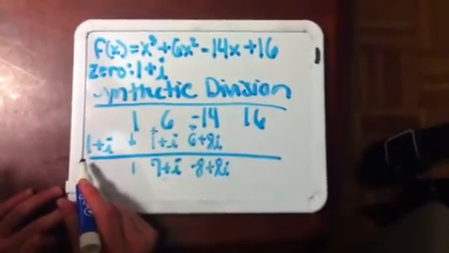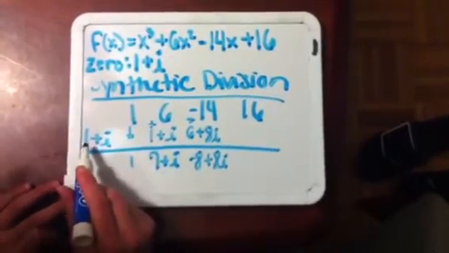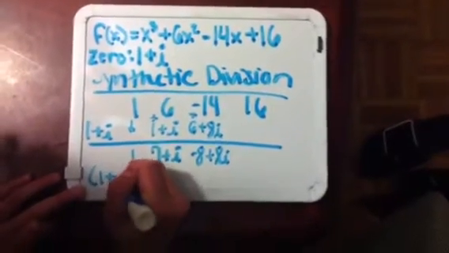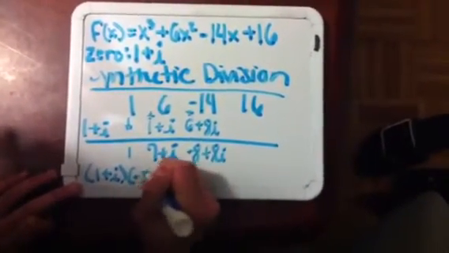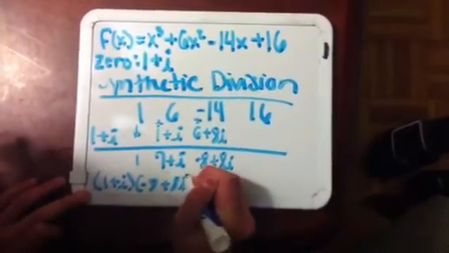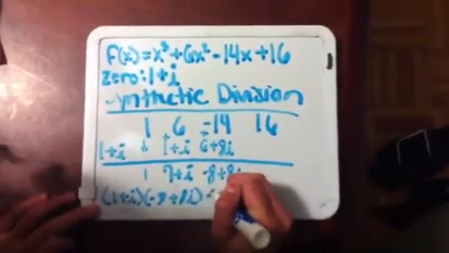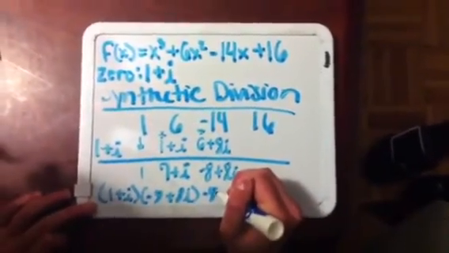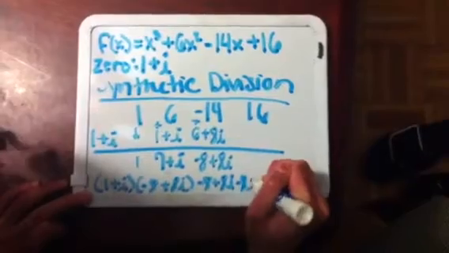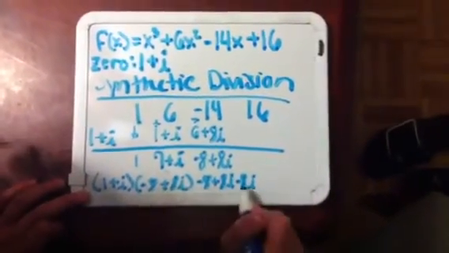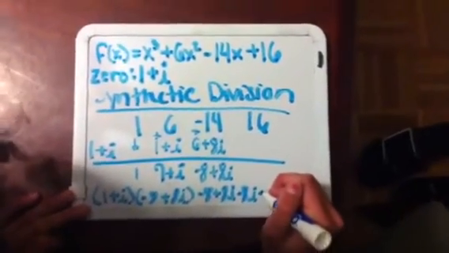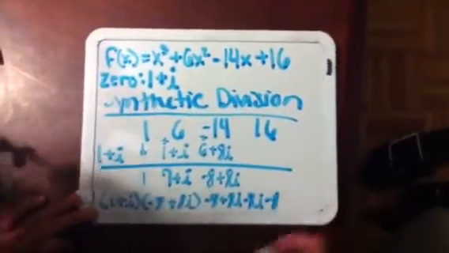The next step here would be to multiply the 1 plus i times the negative 8 plus 8i. We get negative 8 plus 8i minus 8i minus 8.